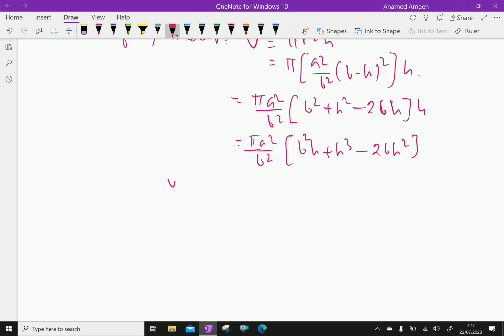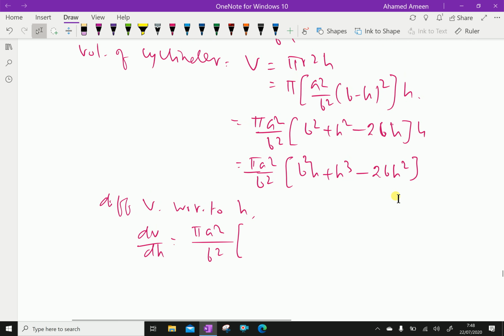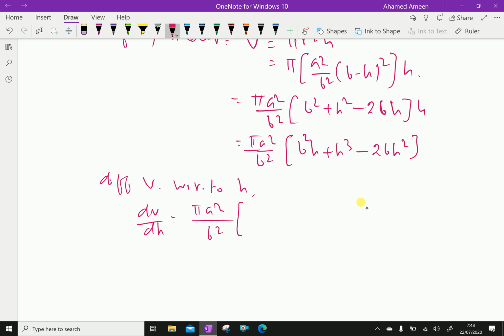Now differentiating volume V with respect to H, we get dV by dH equal to pi A squared over B squared times (B squared minus 4BH plus 3H squared).